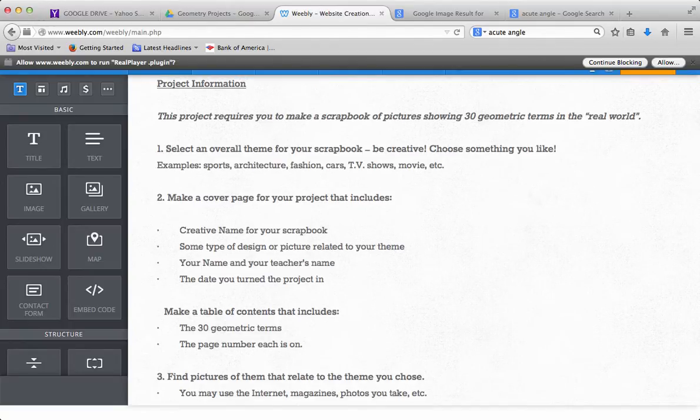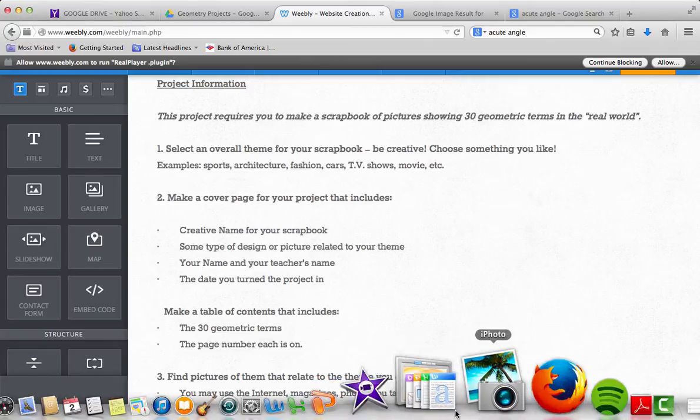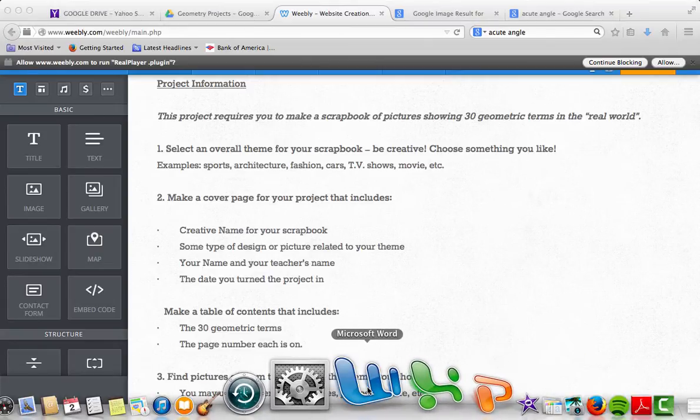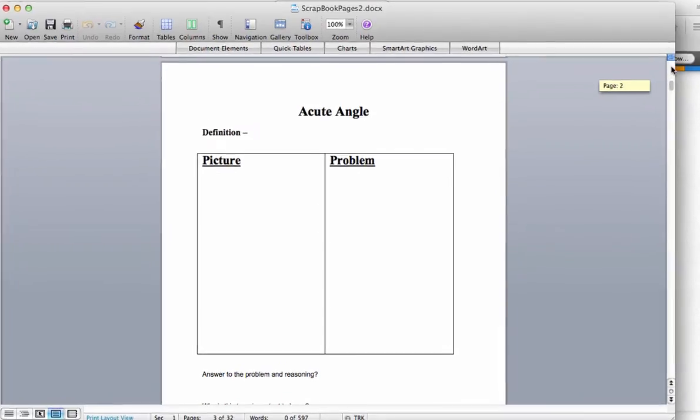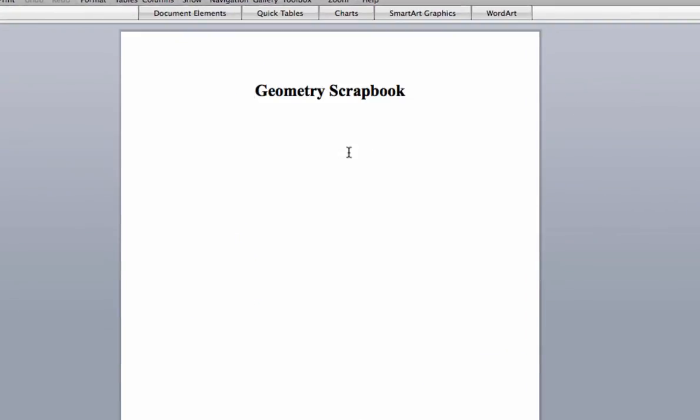So first, let me just show you again. We'll go through the rest of it. So this is the basic template here. The first thing that you want to do is figure out some kind of theme that you want to do for it. Put your name on there, of course.